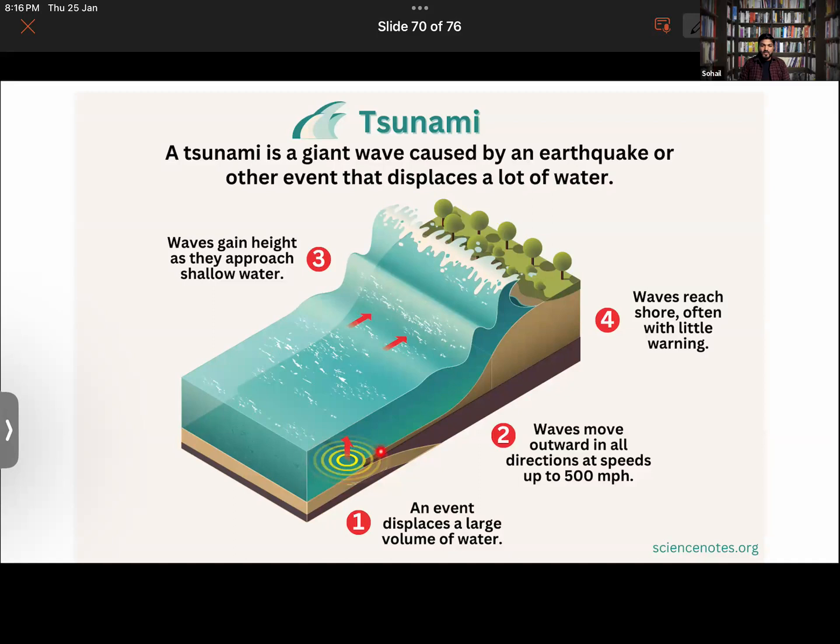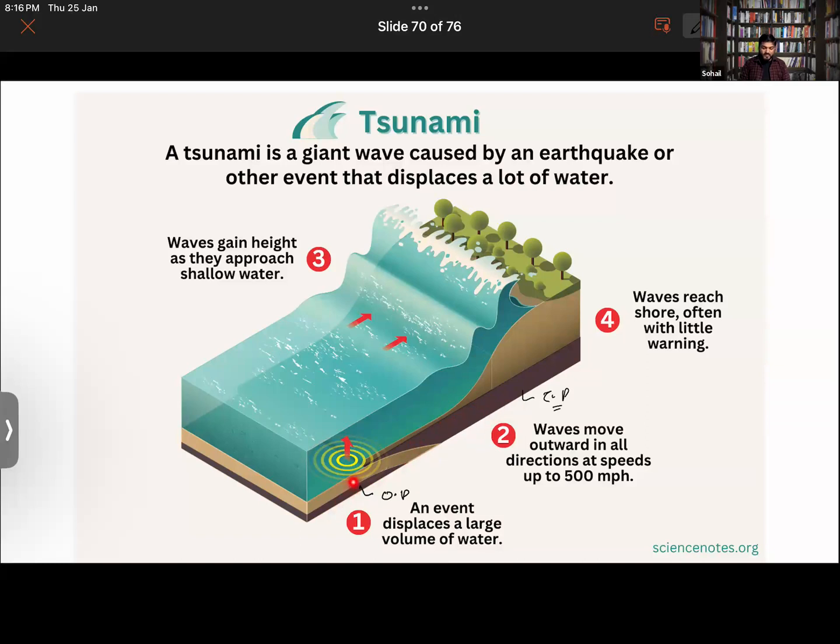See, look at the plates over here. Look at this plate where I'm pointing, and look at this plate. This is the oceanic plate, and that is the continental plate. So you get to see that one is subducting under the continental plate.